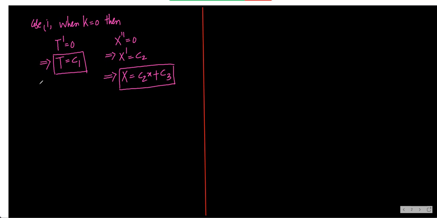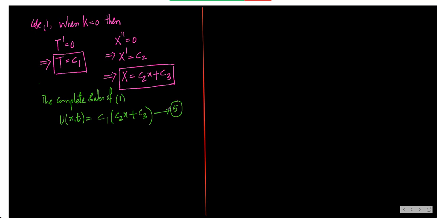Therefore, the complete solution of equation number 1 when k is equal to 0, u of xt is equal to C1 into C2 of x plus C3, called it as 52.